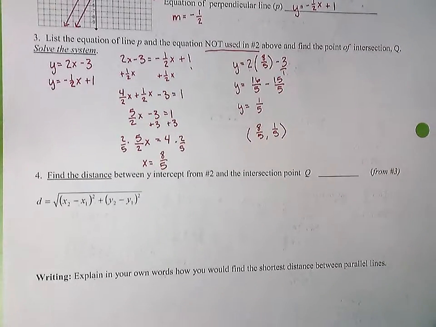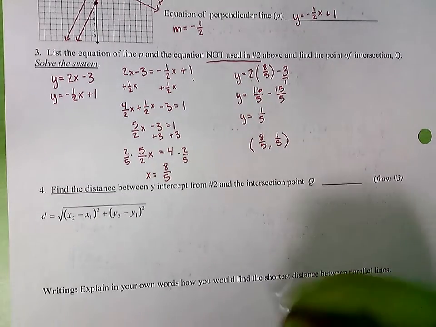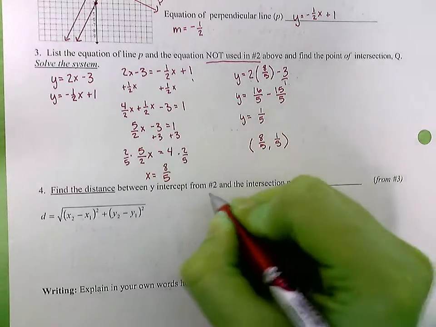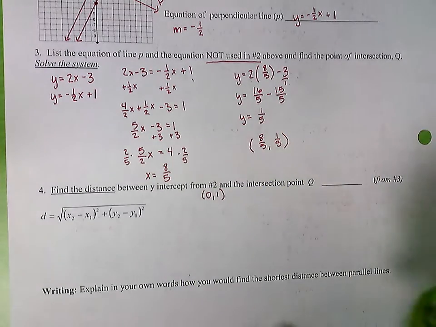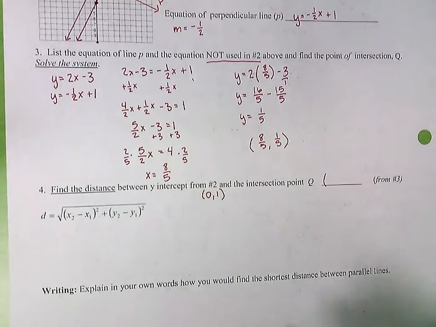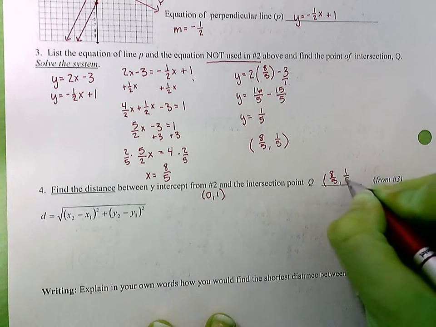So now I'm able to find that shortest distance between my parallel lines. I'm going to use my y-intercept. Okay, so your y-intercept from number 2 was 0, 1. And the intersection point with your perpendicular line and line M, we just found, is 8/5, 1/5.